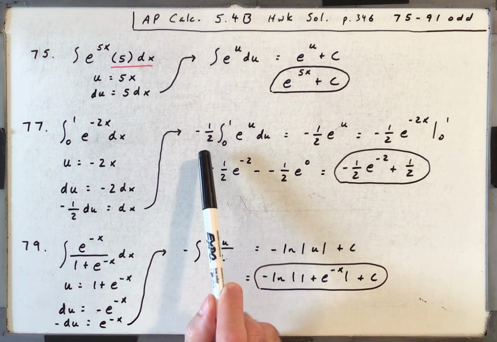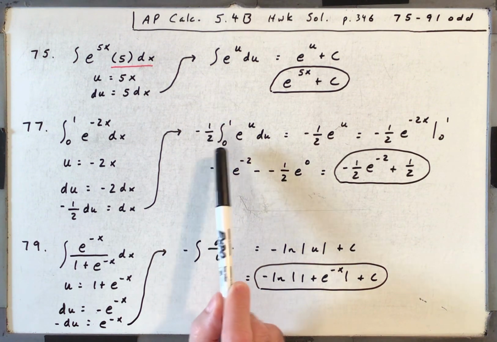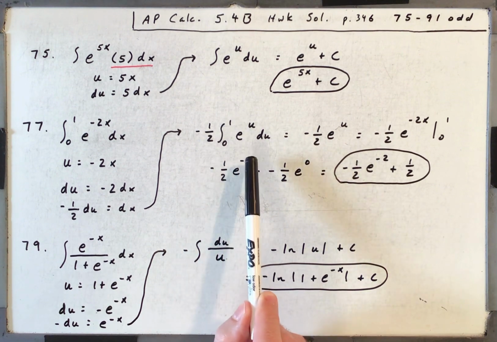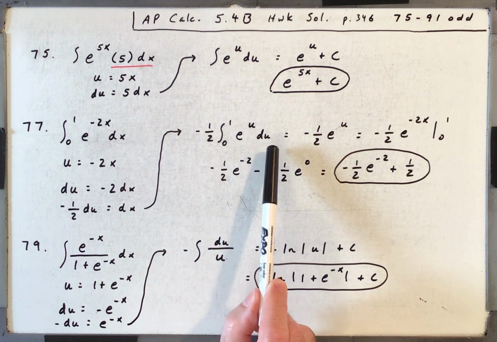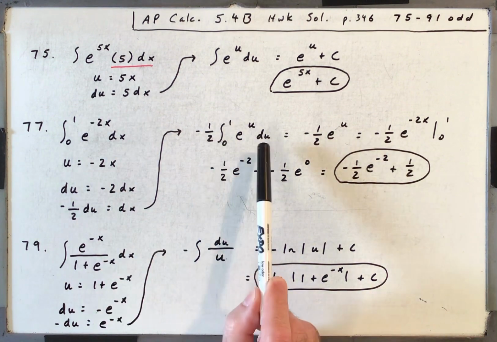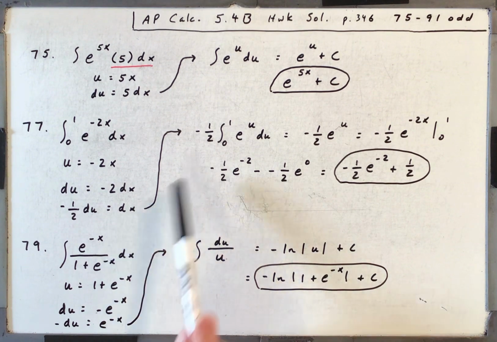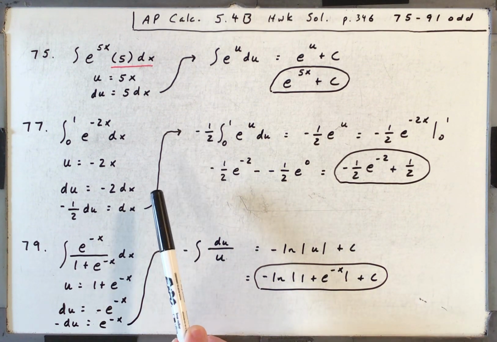And then I can rewrite the integral in terms of u as negative 1/2, and then we're integrating 0 to 1 of e to the u du, right? That'd be e to the minus 2x is what we have here, and then du is equal to dx because we brought that negative 1/2 out front.